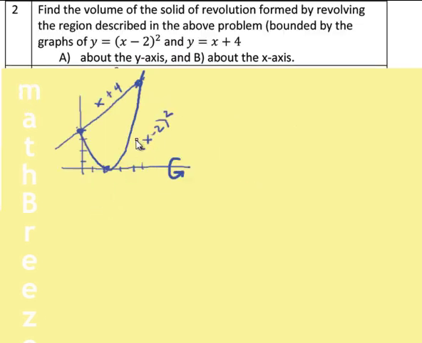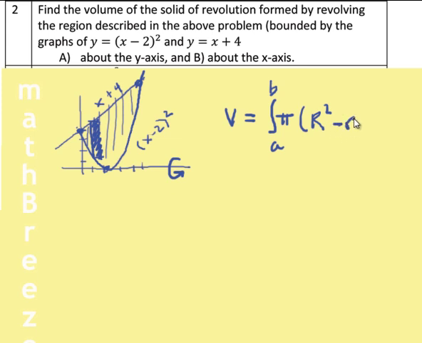Okay, now we're revolving the same region about the x-axis. So if we look at one rectangle, revolve about the x-axis, and we get a washer. All right, let's remember the formula for the volume. The volume is based on pi r squared, equal to the integral from a to b, pi, and for a washer, we have the large R squared minus the small r squared.